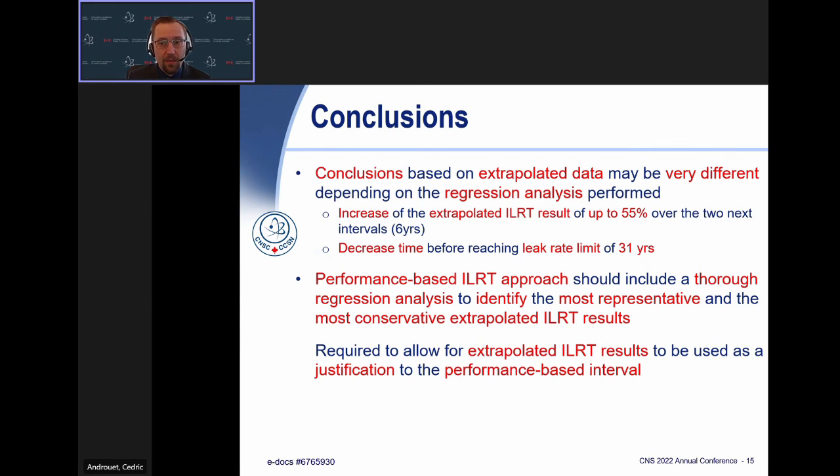This paper has shown that different trending approaches may draw very significantly different conclusions, some of which leading to extrapolated test results that would not meet the acceptance criteria. So a performance-based ILRT approach should include a thorough regression analysis of past ILRT results to identify possible trends for extrapolation purposes.